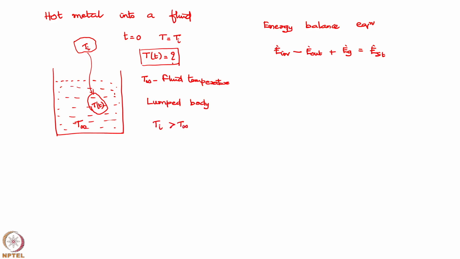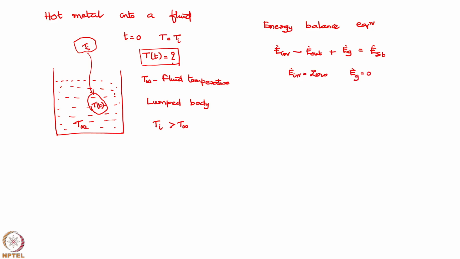That means the heat is going to get transferred from the body to the liquid but not reverse. So E dot in is 0, because the body will only lose heat.